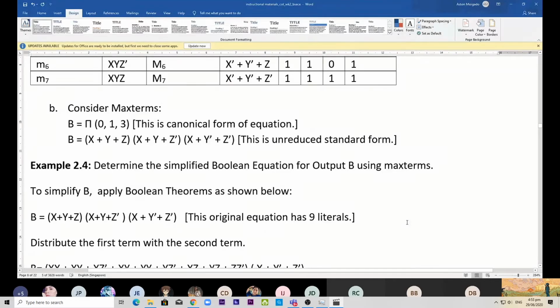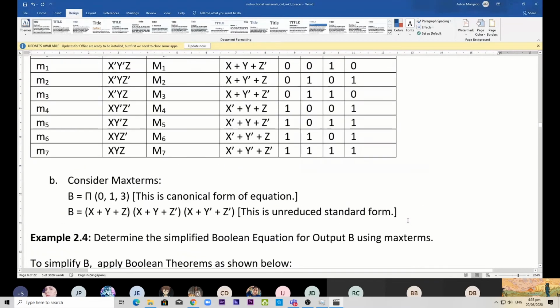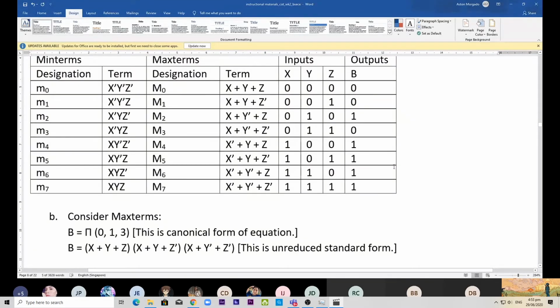How about this one? Consider maxterms for B. For B we have 0, 1, 3. Maxterms correspond to output of 0. So this is maxterm 0, maxterm 1, maxterm 3. Simply put, 0, 0, 0 is x plus y plus z.